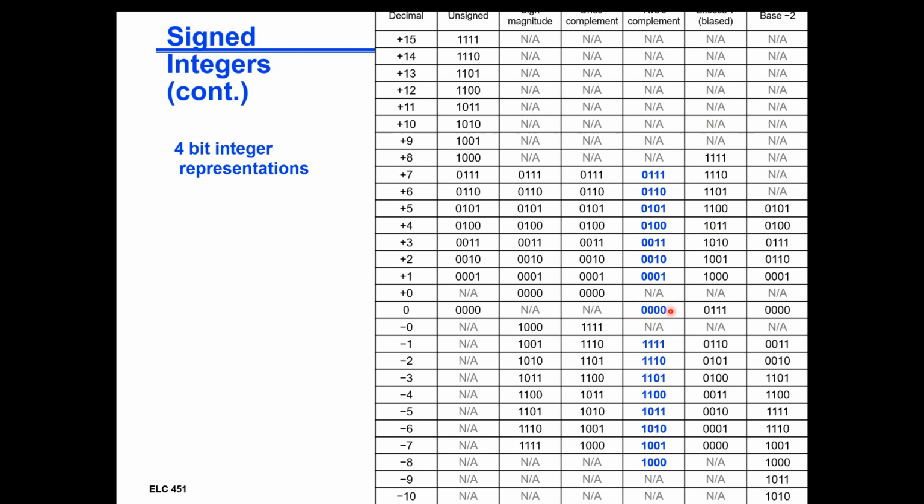You only have one 0, which is 0. With the other ones, you may end up with a +0 or a -0, like sign magnitude and 1's complement.